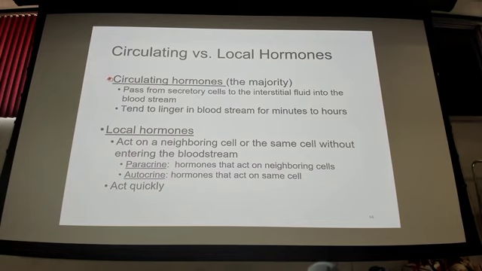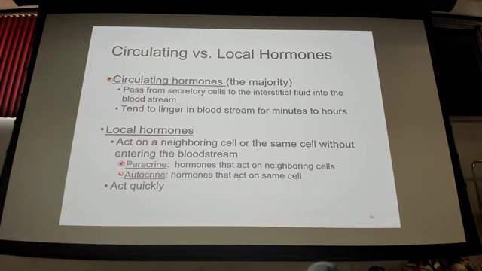Versus paracrine and autocrine. Now, autocrine, it says here, acts on the same cell. That could mean the same type of cell, or that could mean the same cell itself, okay? The same cell that makes the substance. Paracrine is going to act locally on cells in the region, right?